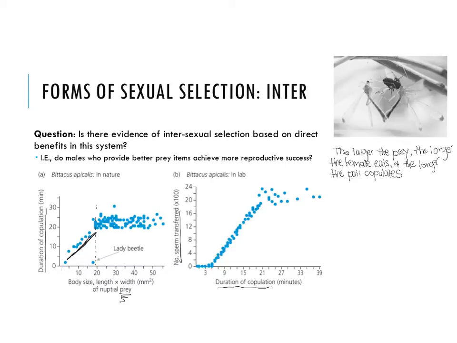So do longer copulations matter? That's what our second graph here is about. So duration of copulation is related here to sperm transfer. So we can see that really short copulations, so ones that are like 5 minutes or less, no sperm transfer.